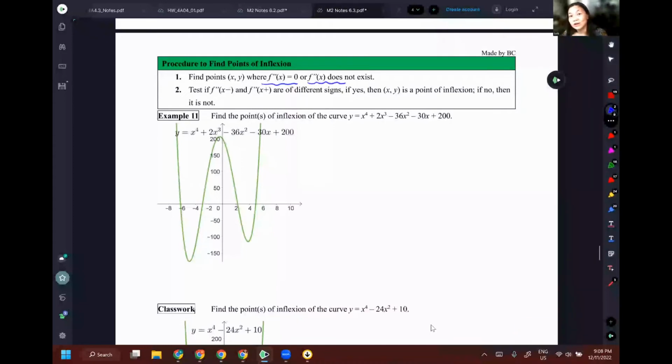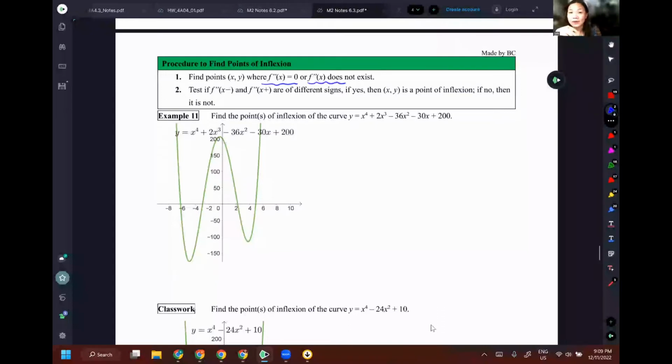There's also a change of concavity at undefined points. That's possible. And afterwards, you would check if the sign of the second derivative really changes from negative to positive. If it's not, then it's a false alarm. It's like the first derivative test: if you find the stationary points, it could be a maximum or minimum, but after the test, you will find out that it's not.